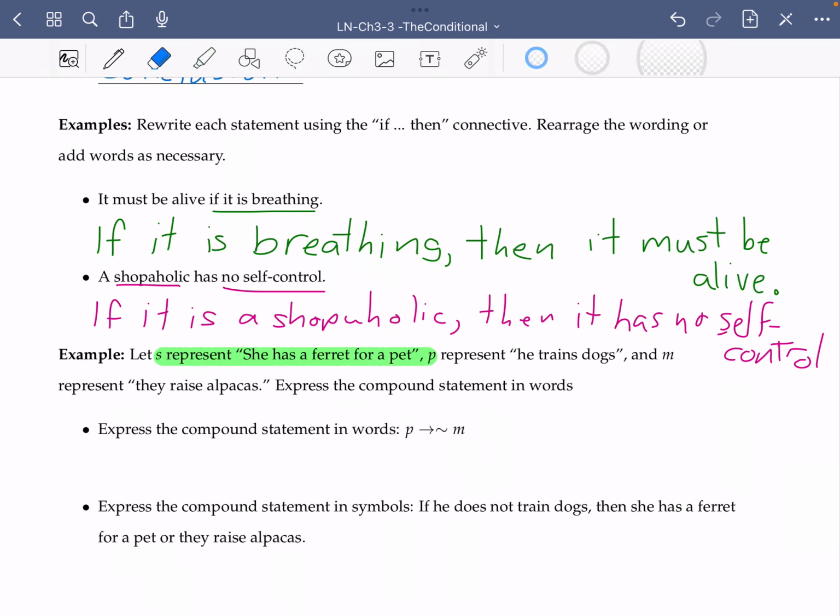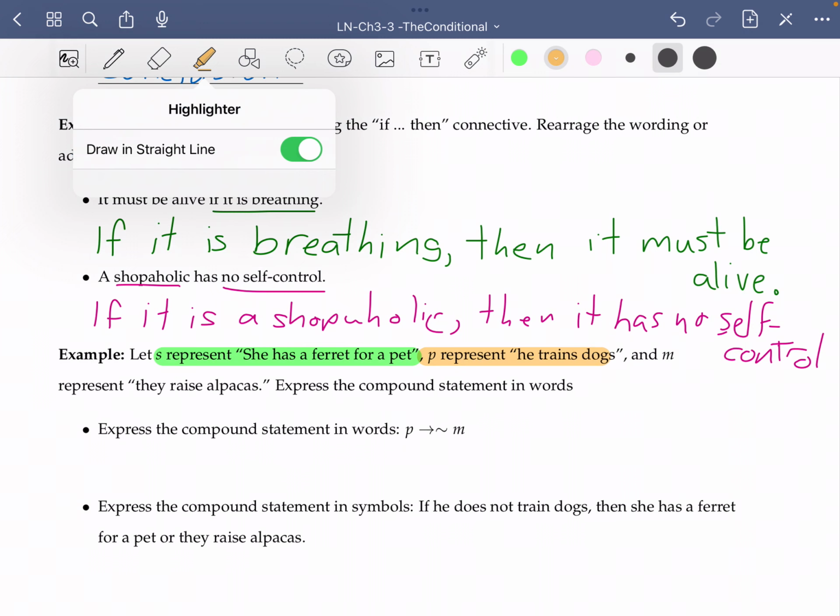Let P represent the statement, he trains dogs. And M is the statement, they raise alpacas.